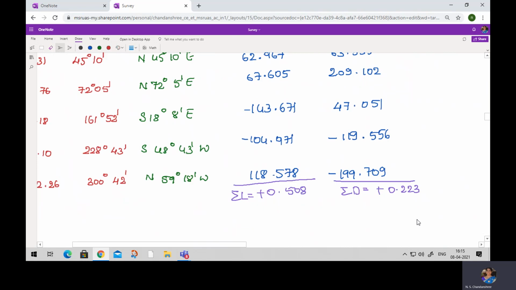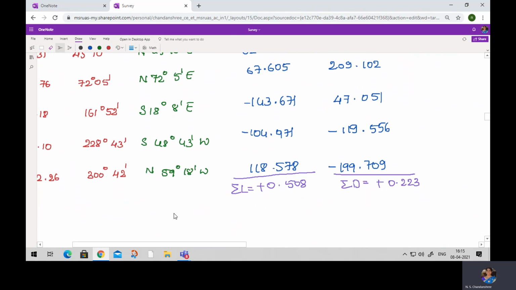Now along with this value we will calculate the arithmetic sum. We will name that as L subscript T. Here it is D subscript T. Arithmetic sum, that means we have to add all these numbers without considering the sign of it.